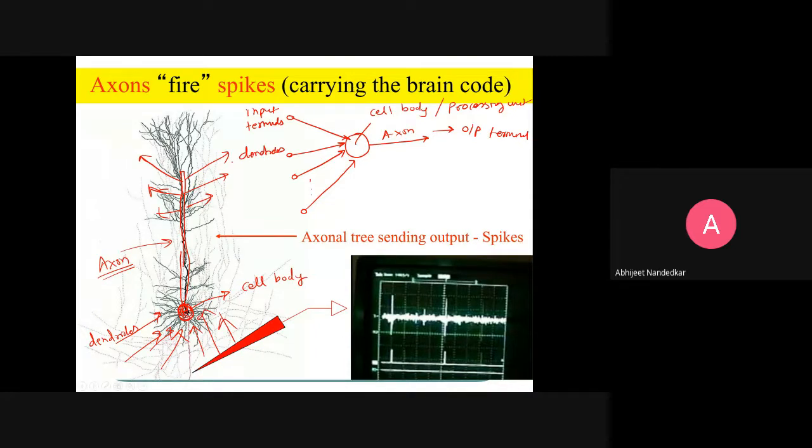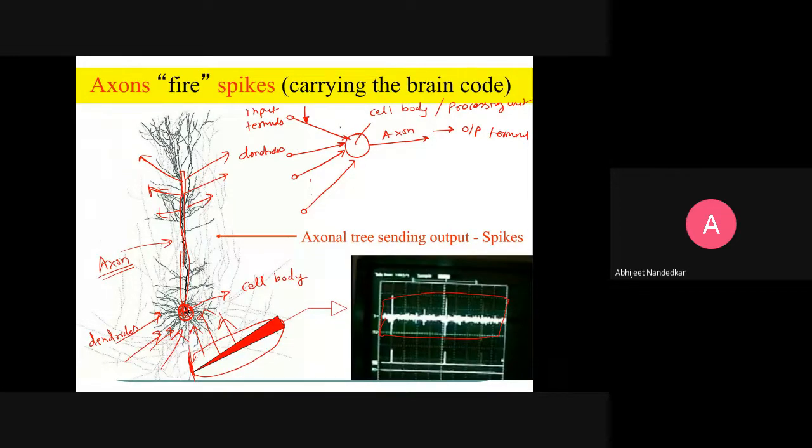Now if you see a particular input, say if you put a probe here for one of the inputs, then you can see an electrical signal like this. These are all impulses going to a neuron continuously from different inputs.